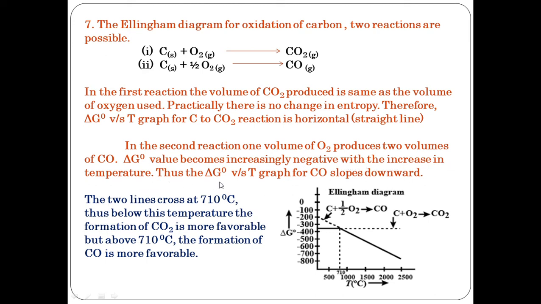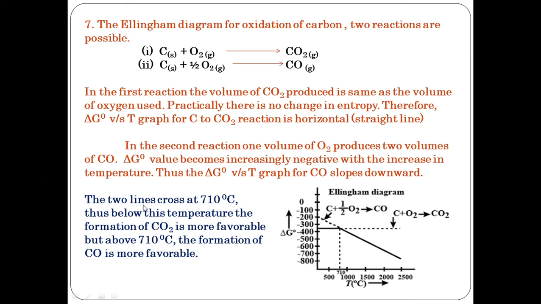Thus, the delta G naught against temperature graph for carbon monoxide slopes downward. This is 2C plus O2 gives 2CO.